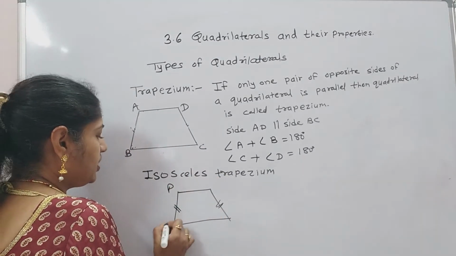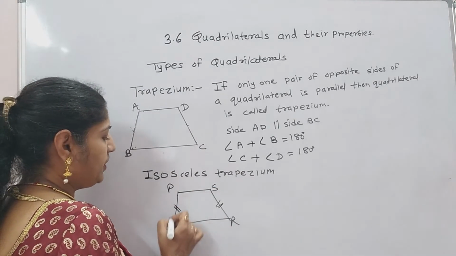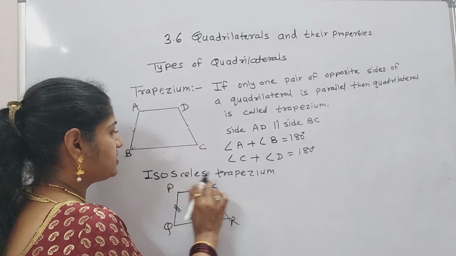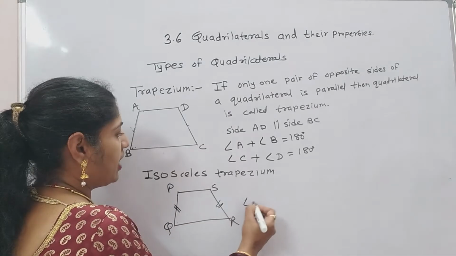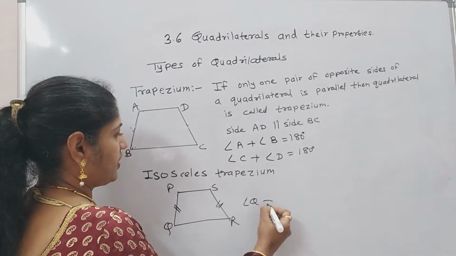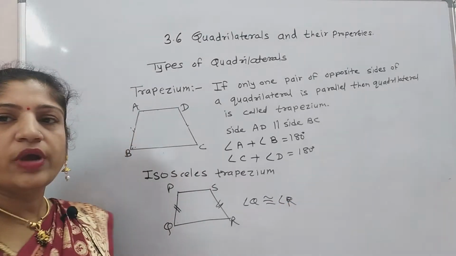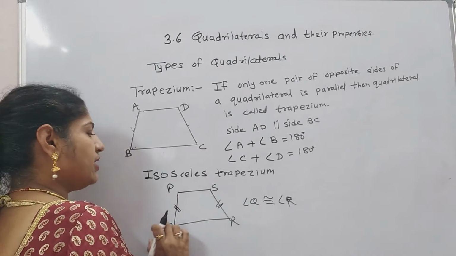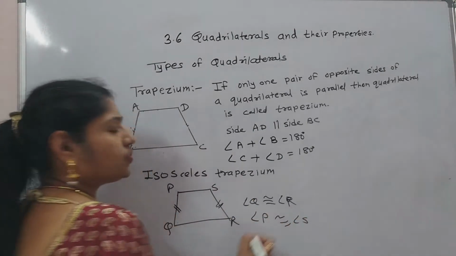So PQRS is a trapezium and PQ is congruent with SR. So this is called an isosceles trapezium, and Q and R are congruent angles, and the sum of these two angles is 180. So angle P is congruent to angle S also.